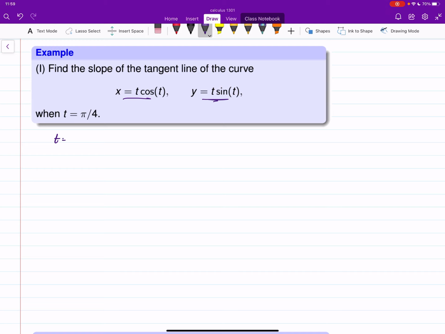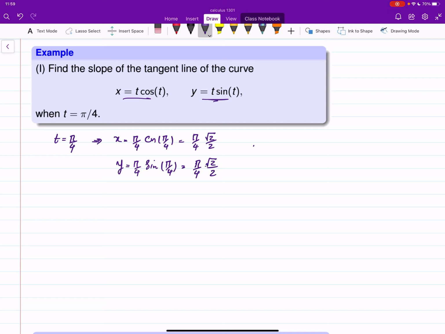So when t is pi over 4, then our x is going to be pi over 4 cosine of pi over 4, and our y is going to be pi over 4 sine of pi over 4. This is just pi over 4 times root 2 over 2. Sine of pi over 4 is root 2 over 2.